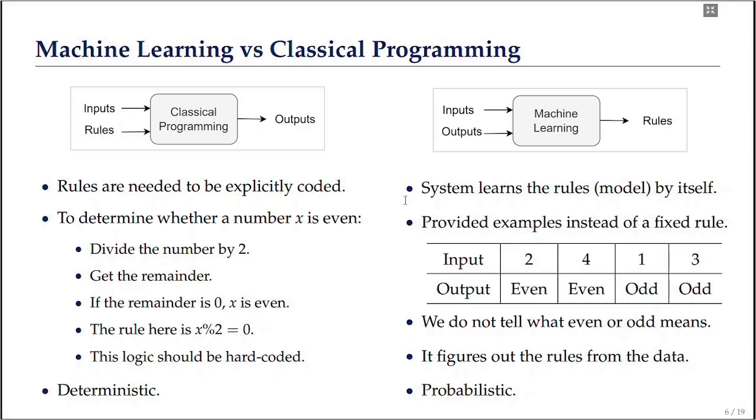So the inputs could be, for example, 2, 4, 1, 3, and the outputs could be their corresponding labels, even, even, odd, odd. Here we do not tell what even or odd means. Rather, the system will figure out the rules from the provided data by itself. So unlike classical or traditional programming, machine learning techniques are probabilistic.